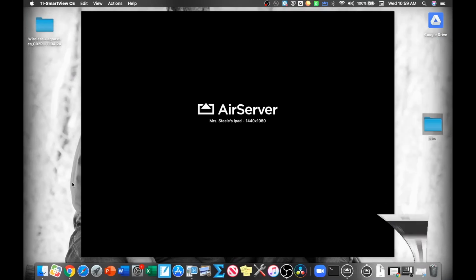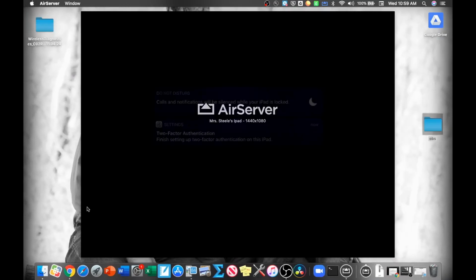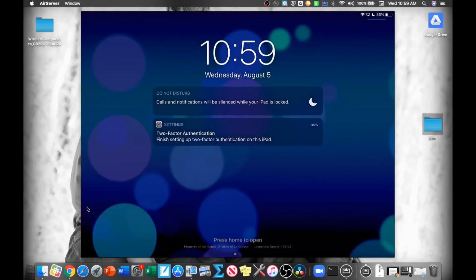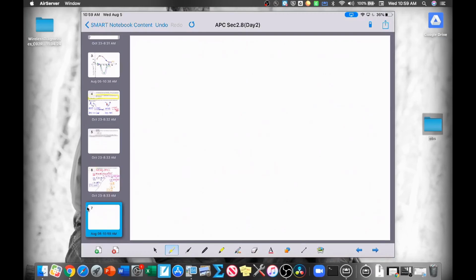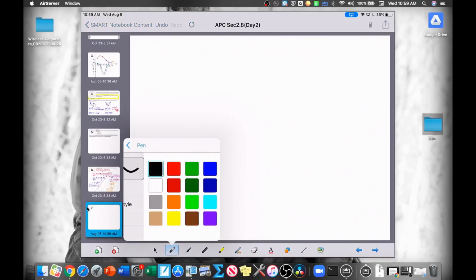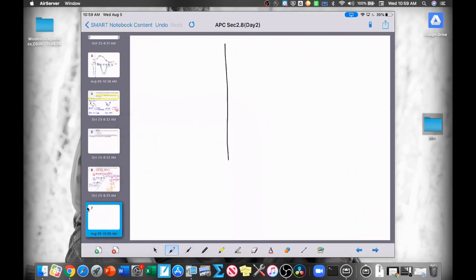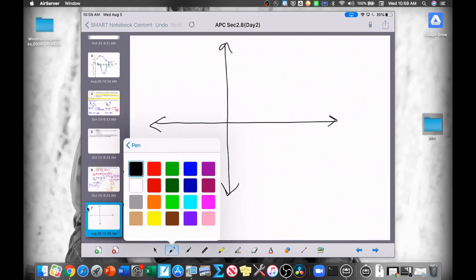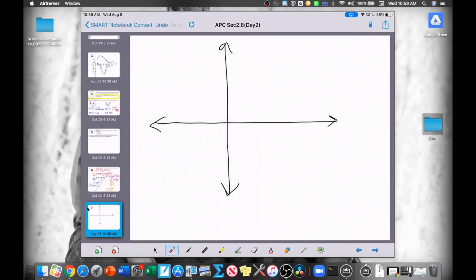So let's go back to our notes and let's sketch a picture of our three functions for future reference. So here we have our coordinate plane. We had our original function f of x, which was a parabola.